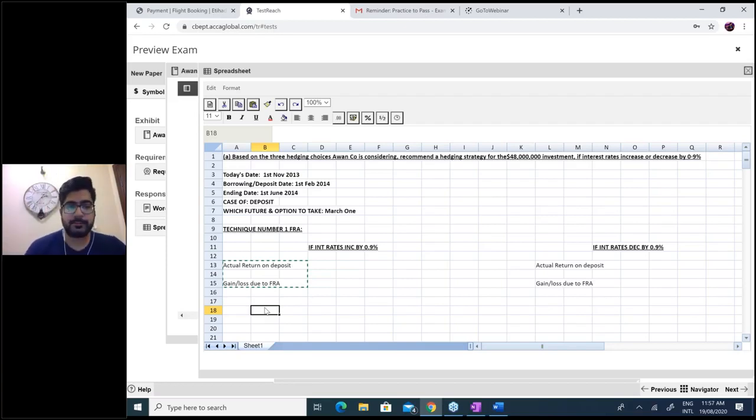So let's start. So what happens is, if interest rates increase by 0.9 and decrease by 0.9, you have to mention two things in FRA: actual return on deposit and gain or loss due to FRA to get net cost or return.